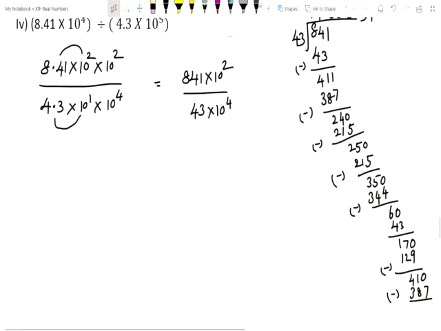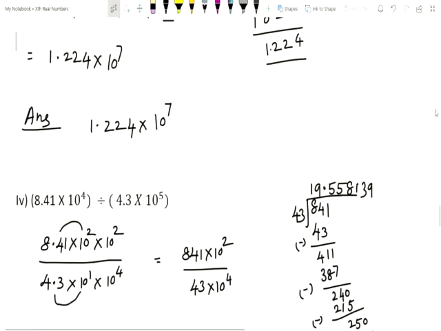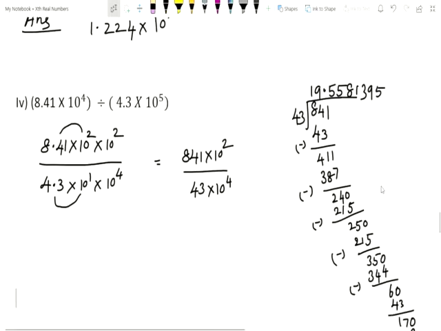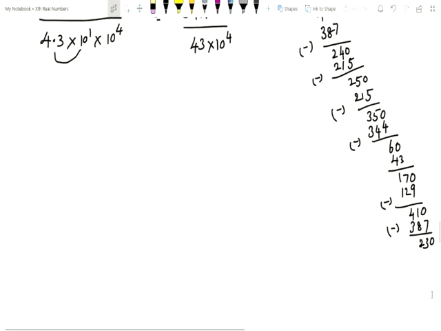Now subtract this, what will you get? 10 minus 7, 3, 10 minus 8, 2, 23. Add 0, 230. How many times does it occur? 5 times. Okay, so put 5. So 5 3s are 15, 5 remaining 1. 5 4s are 20, 20 plus 1, 21.